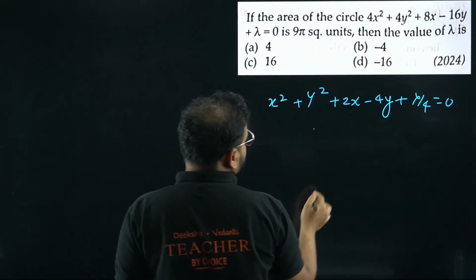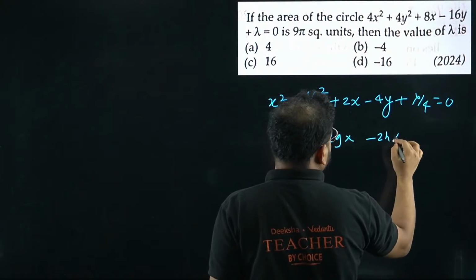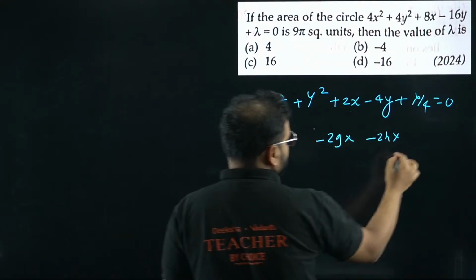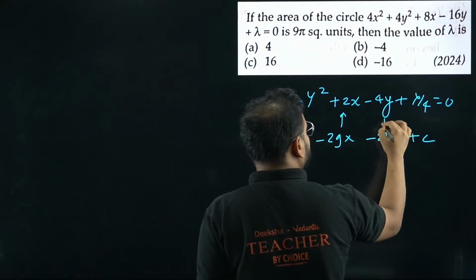If you remember, the form is given like this, 2gx minus 2hy, and this is of course plus c. Compare this and this to get the value of g and h.